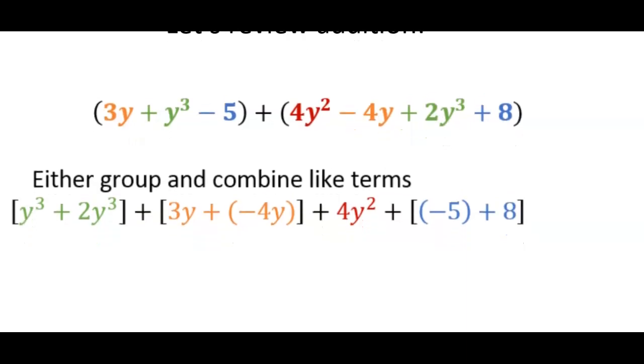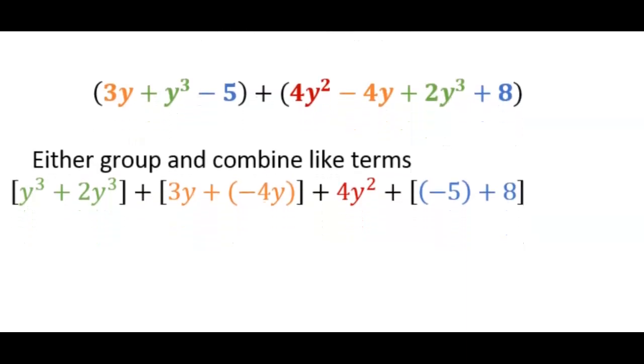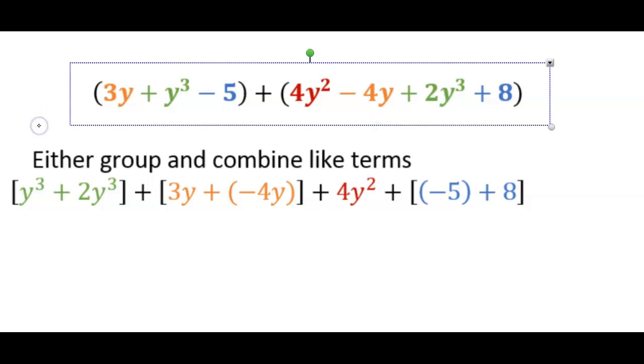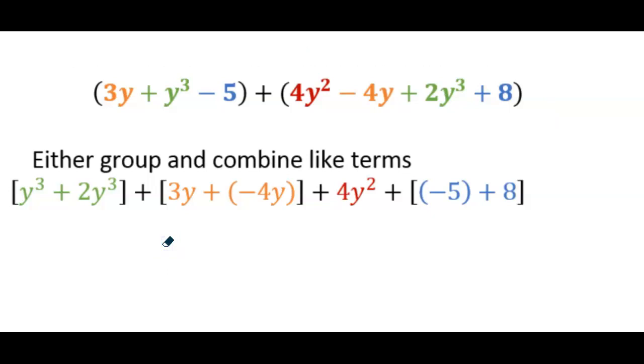You'll notice when we talked about addition, we talked about adding our like terms together. And one of the ways that we could have done that, which we didn't talk too much about, is by grouping things together. We could have grouped them by term.